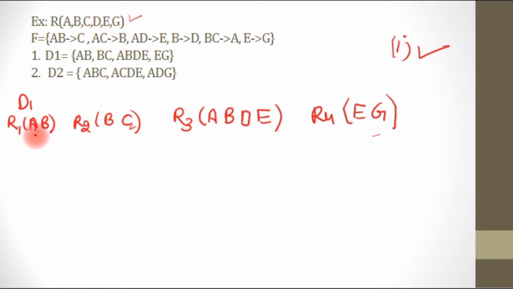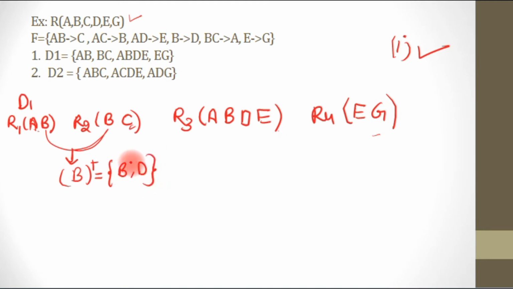Now check the second condition. In this we have to merge. So can we merge R1 and R2? First see, is there any common attribute? Yes, B is the common attribute. Now check whether B is the super key of R1 or R2. So find the attribute closure of B. What is the attribute closure of B? BD.